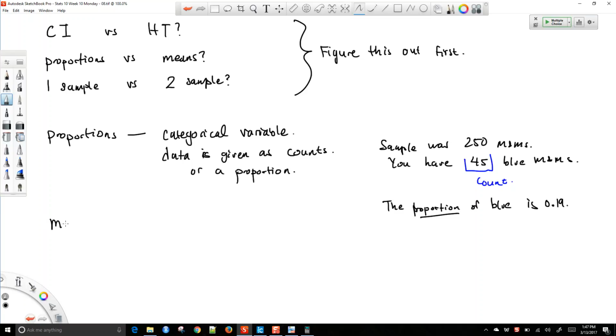As far as means go, it's just the opposite. You're dealing with a numeric variable. Okay. So a few hints or some things to look for. If you see units, okay, units will generally be an indication of a numeric variable.